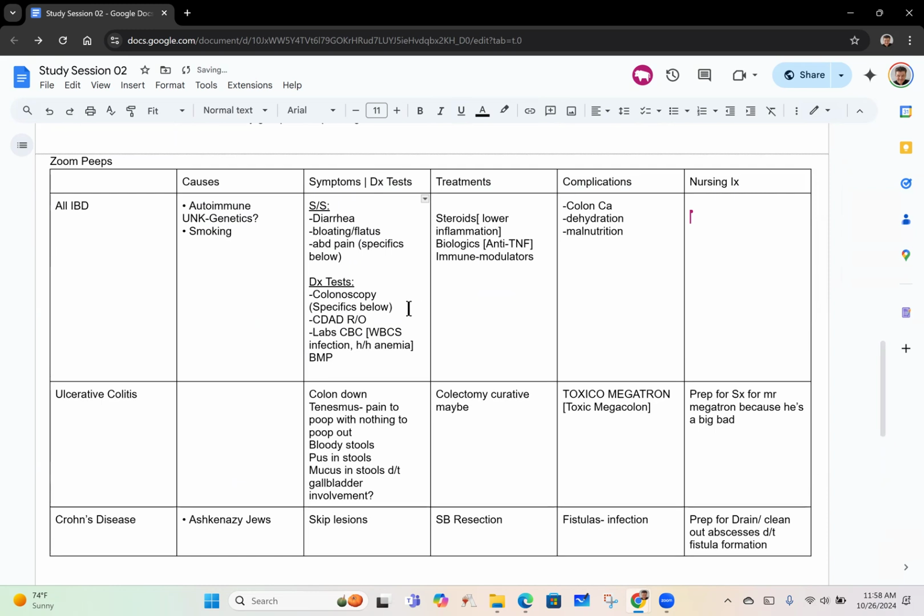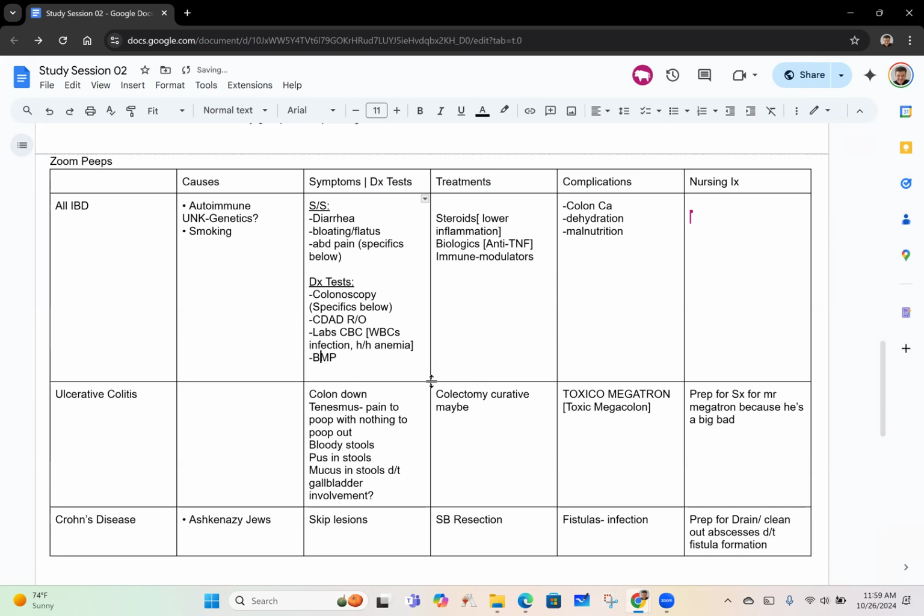So we know which one has skip lesions and which one has continuous redness and such. Lead pipe. And C. diff rule out, that's going to be more for ulcerative colitis than Crohn's, but it's important, right? Labs, you got CBC, WBC elevation, because these guys are inflamed. These guys kind of run hot and febrile a lot, baseline.